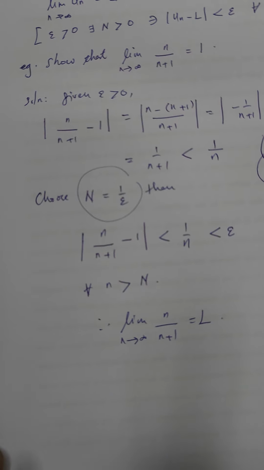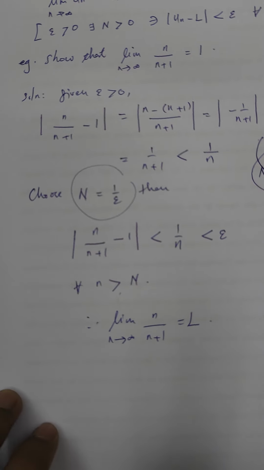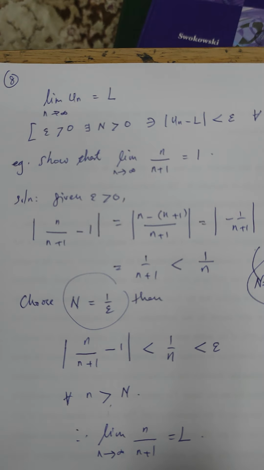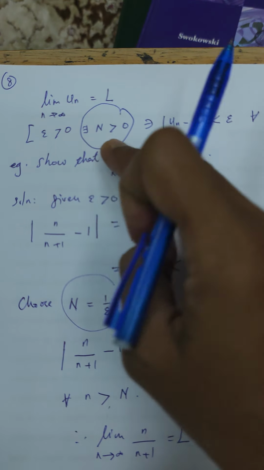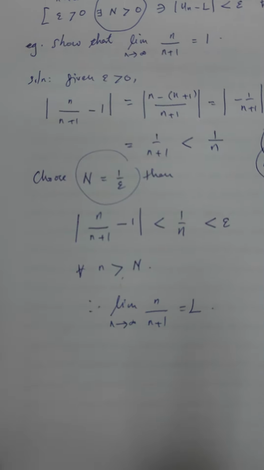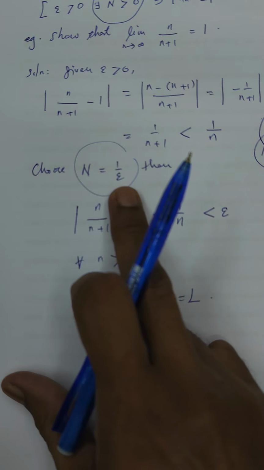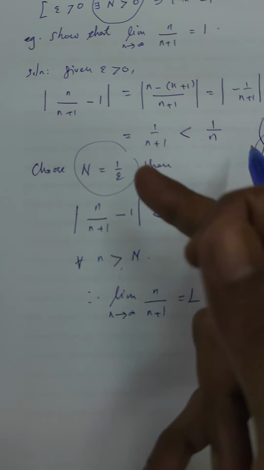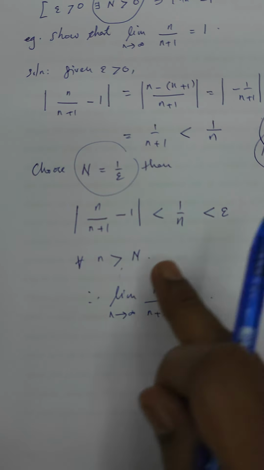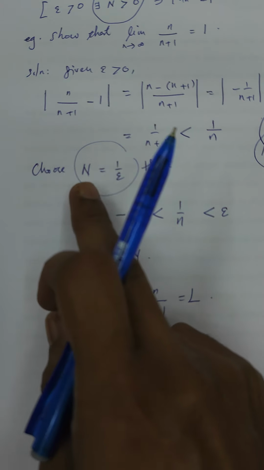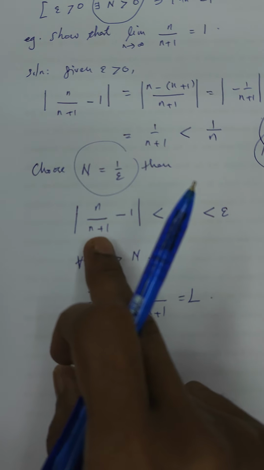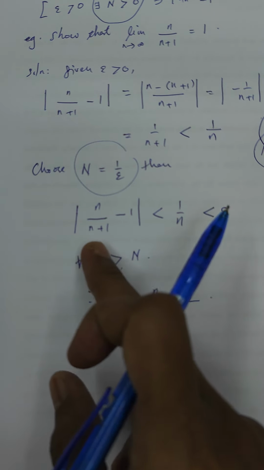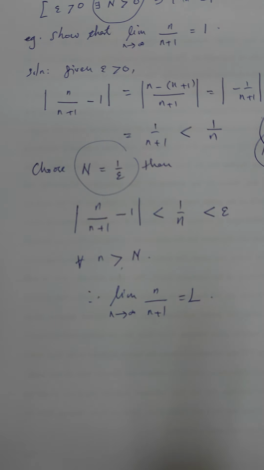The main point again in this definition of the limit is that there exists N, which means we need to find what N is. This process shows that we can find N, which is 1 over epsilon, and with that choice of N, for all n greater than N, the difference between the terms u_n and the limit is less than epsilon, which satisfies the condition that we need.